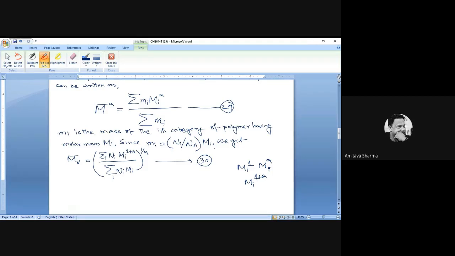Now if you put the small mi value there, in one term you have Mi to the power 1 and in another Mi to the power a. So total Mi equals Mi to the power 1 plus a.